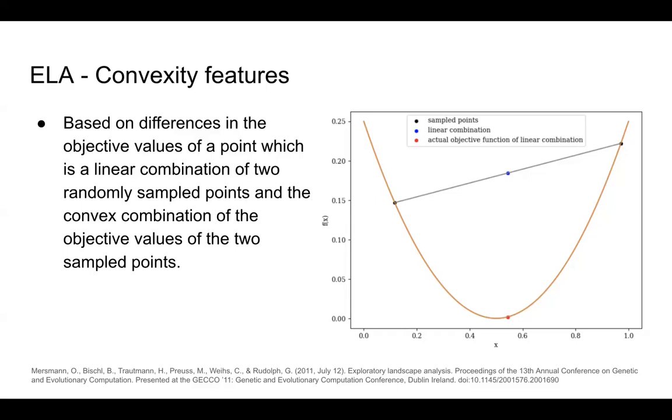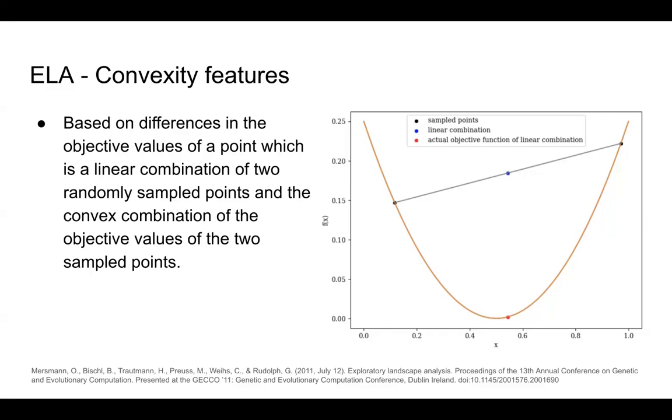So the first group of feature is the complexity features. So these features aim to capture whether the function is kind of convex, concave, or more linear. And essentially what these features do is they kind of sample a pair of points from the function. In this case, we have the black points, which are kind of randomly sampled.